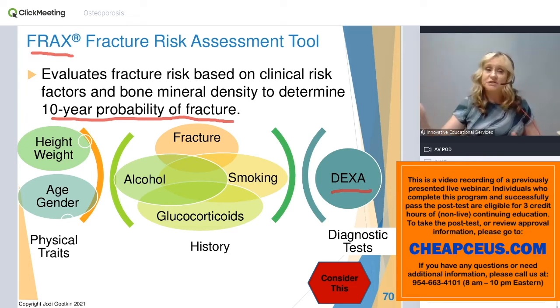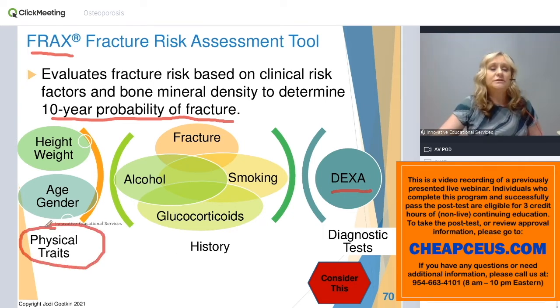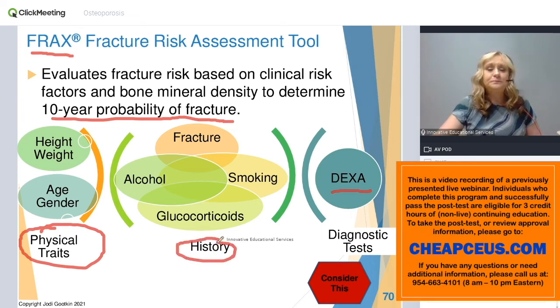It'll add in those different physical traits, those non-modifiable risk factors: age, gender, height, and weight, and then look at history or other contributors to the pathogenesis, and lifestyle factors. Has there already been a fracture?